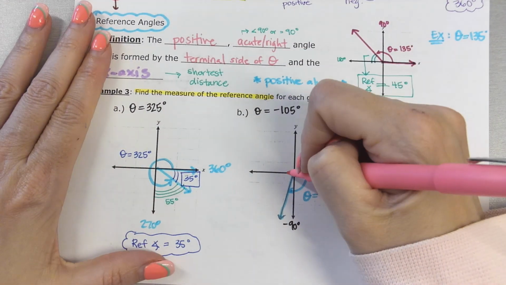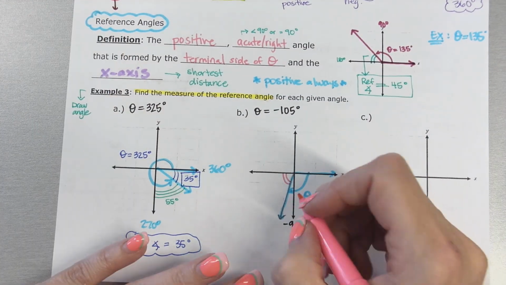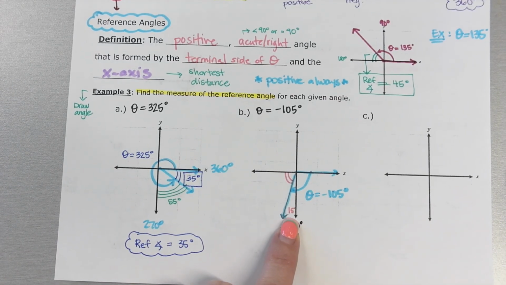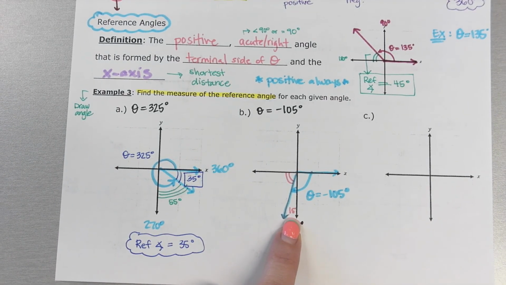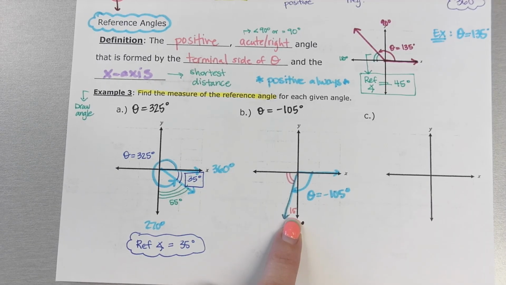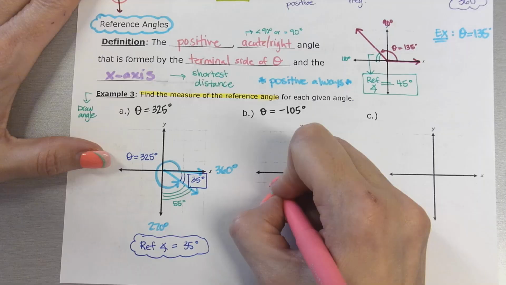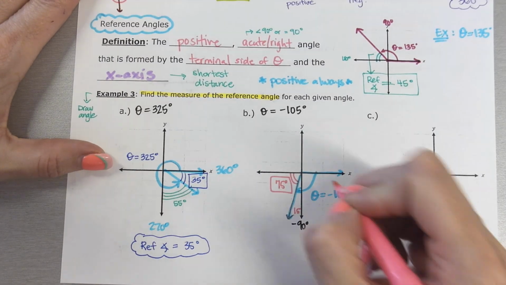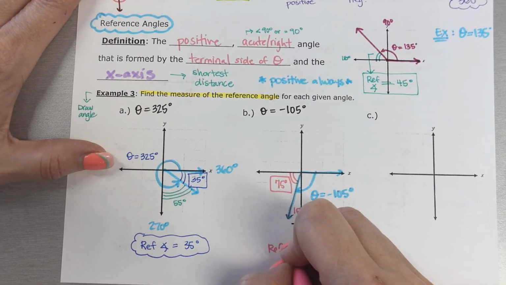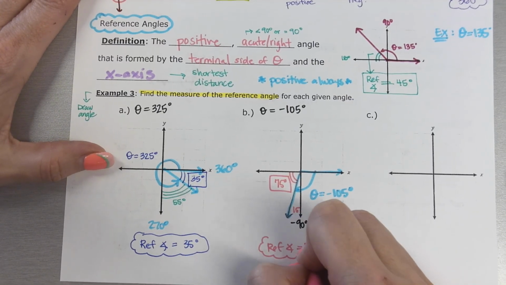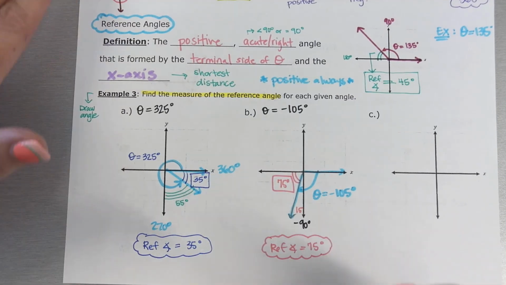The shortest distance is here to here. We were thinking about how this was 15, but that's not the reference angle because that goes to the y-axis, not the x. So then what would this angle be? 75, so that's going to be your reference angle. And notice it's positive 75, not negative. The reference angle is always positive.